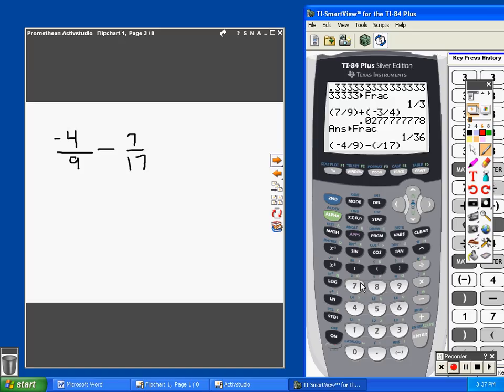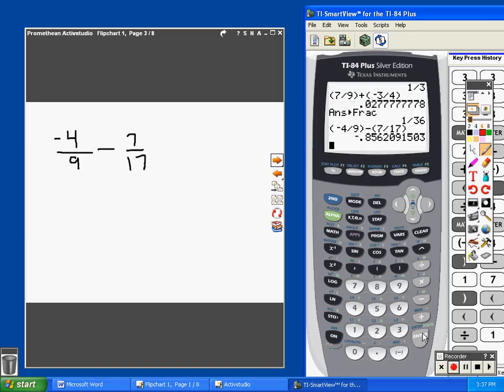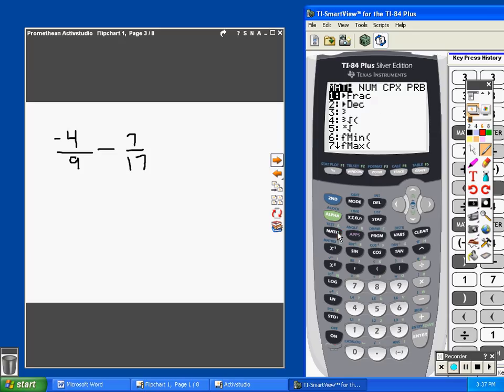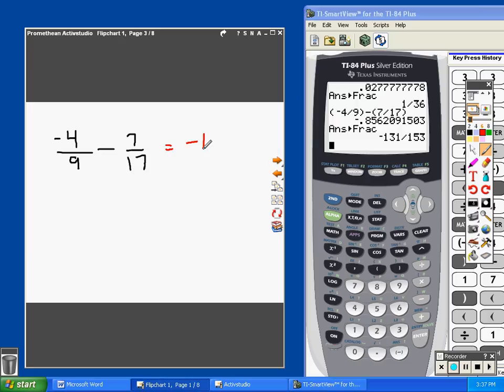This would be 7 divided by 17. Enter, and then turn that back into a fraction. You get -131 over 153.